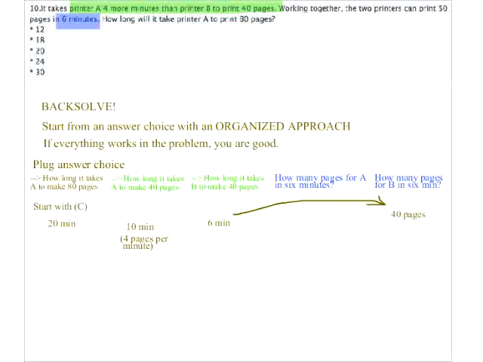So we know that A makes 4 pages per minute, so A makes 24 pages. So this is a total of 64 pages. That's too many pages. So which answer choices are gone?